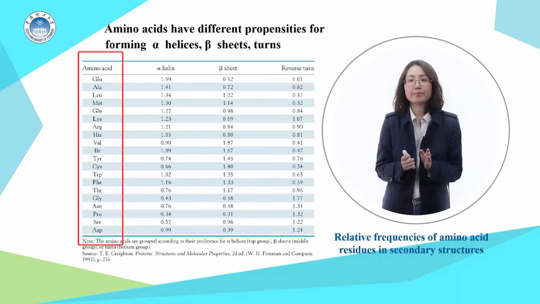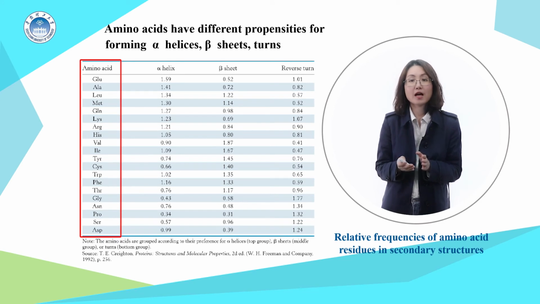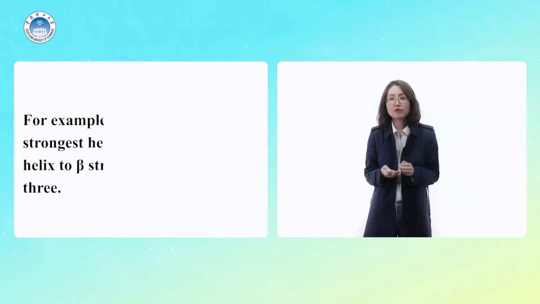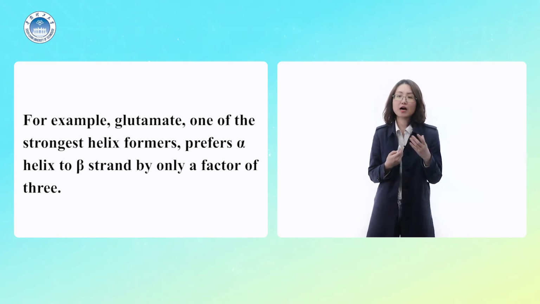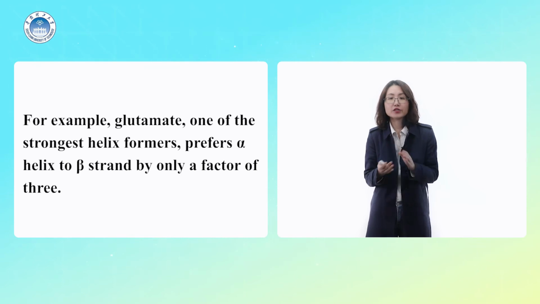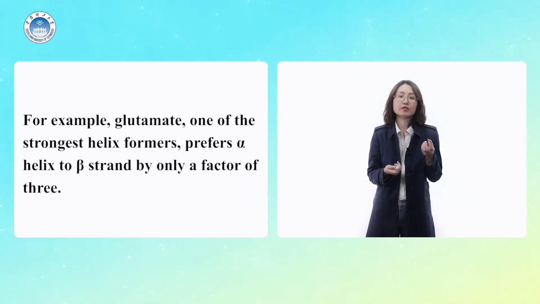Note that the conformational preferences of amino acid residues are not tipped all the way to one structure. For example, glutamate, one of the strongest helix formers, prefers alpha helix to beta strand by only a factor of 3. So the preference ratios of most other residues are smaller.